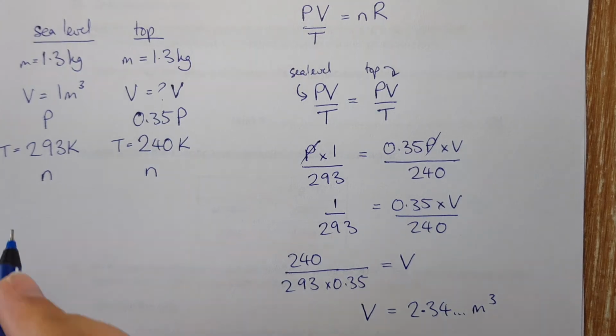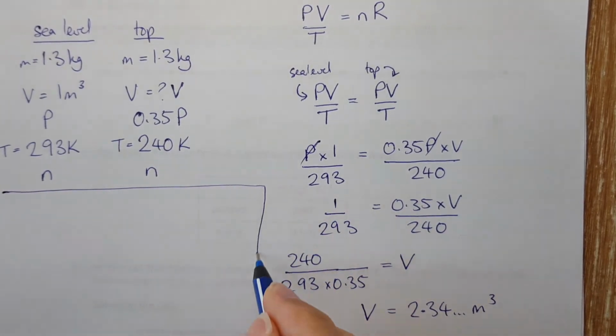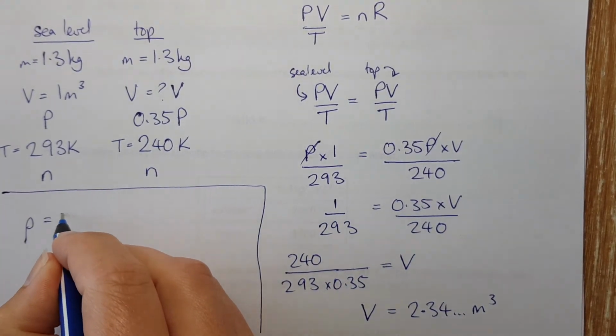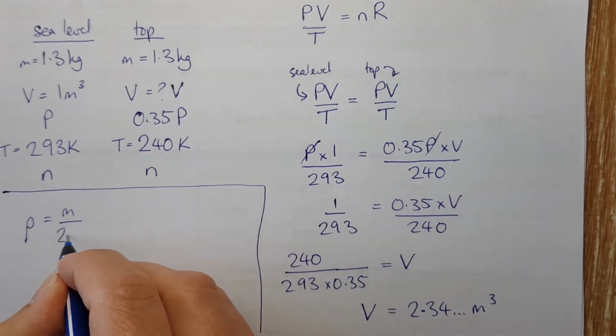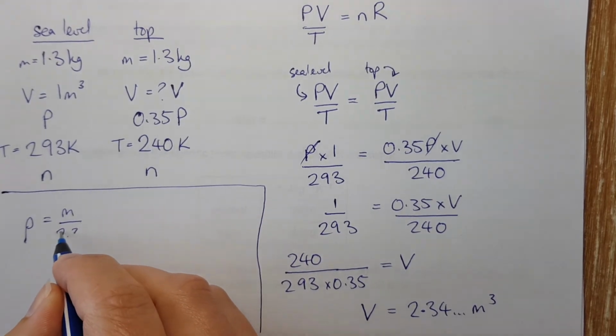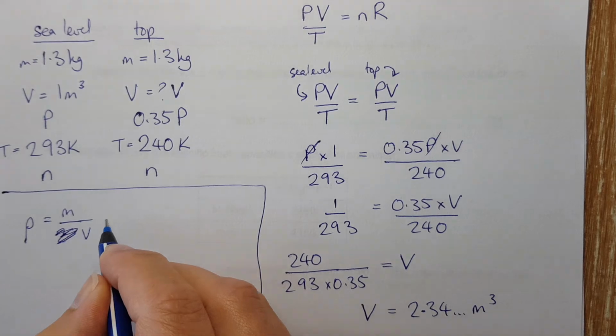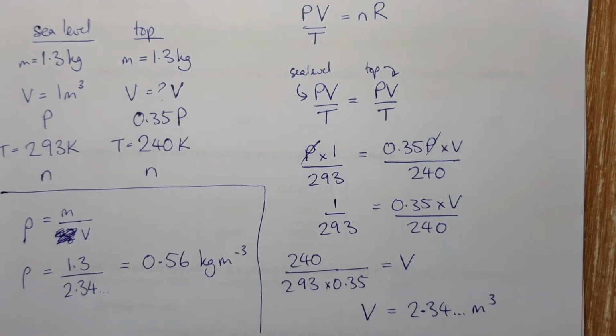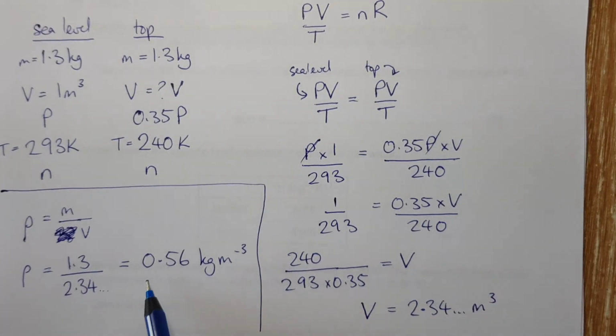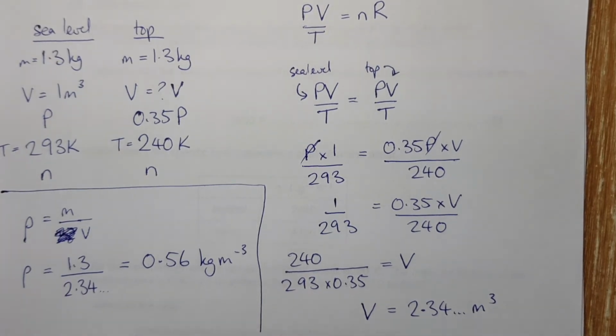Now I can go back to my density formula and simply calculate what the density of air will be. And so we get finally a density of 0.56 kilograms per meter cubed at the top of the mountain.